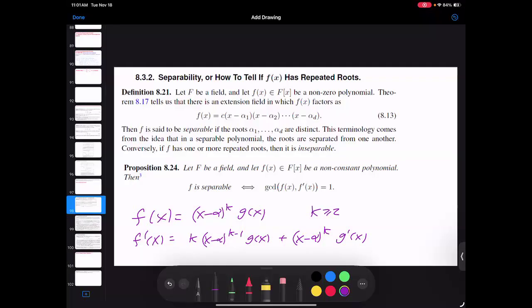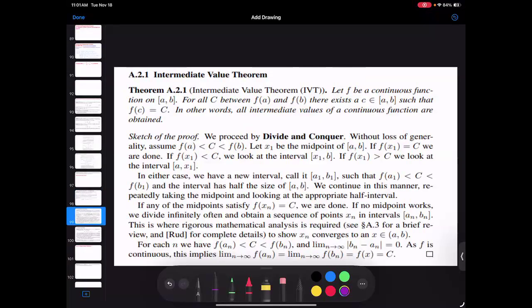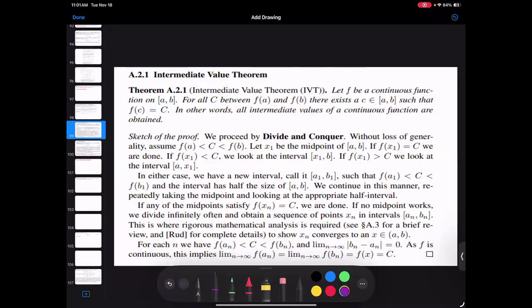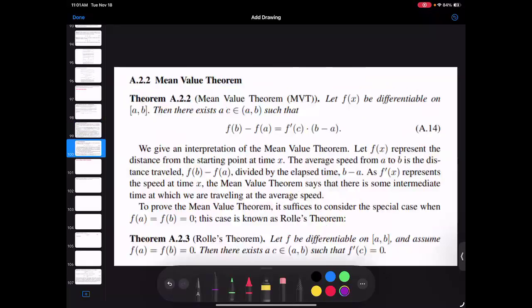And so there's a lot of tools we can use to tell if a function has a repeated root. And so we just have to ask if f and f prime could both vanish at some place? And there's tools and techniques to do stuff like this. It turns out for some of the stuff, the intermediate value theorem becomes quite useful. The mean value theorem becomes quite useful.